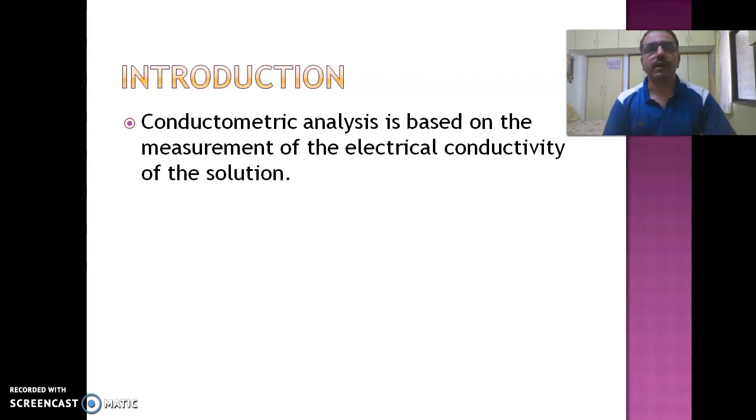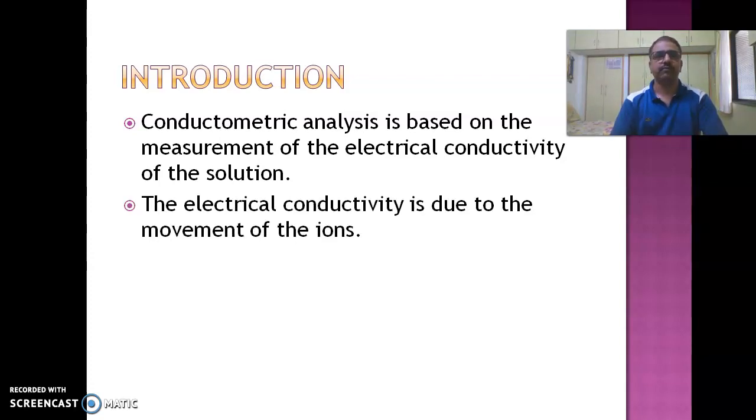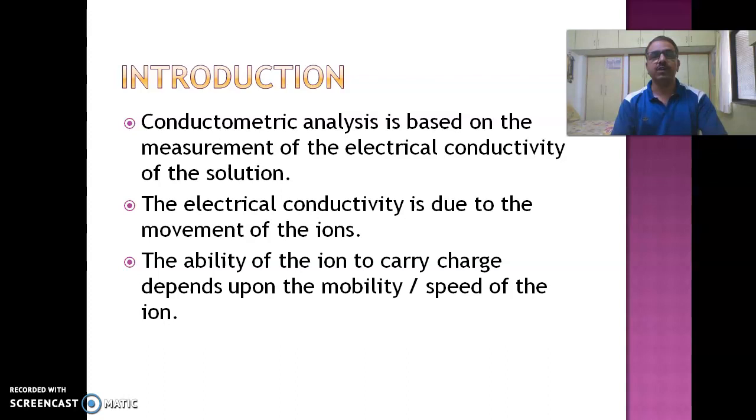Friends, conductometric analysis is based on the measurement of the electrical conductivity of the solution. The electrical conductivity is due to the movement of the ions. The ability of the ion to carry charge depends upon the mobility, that is the speed of the ion.